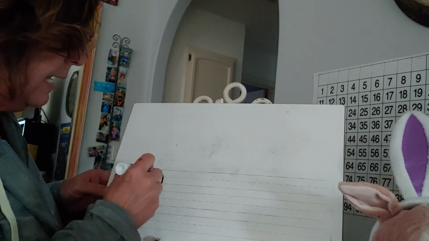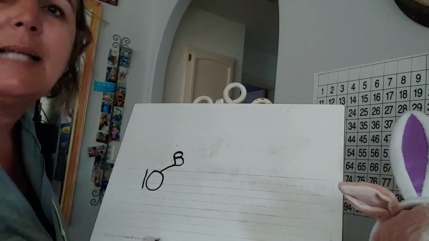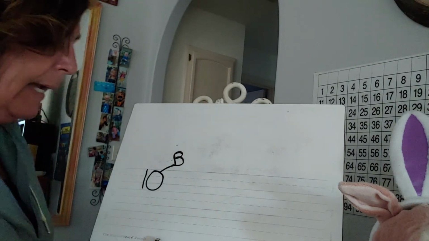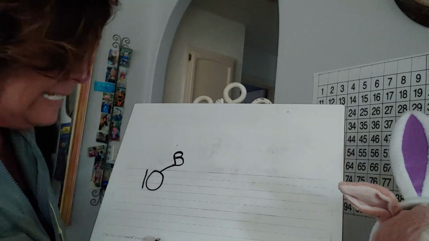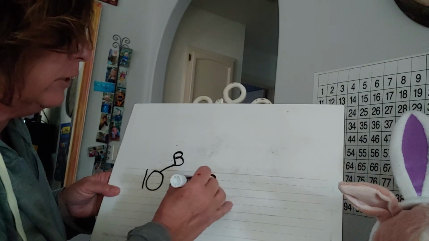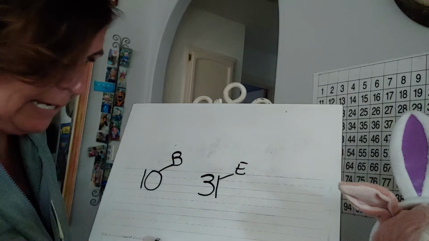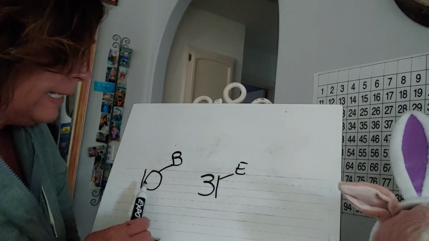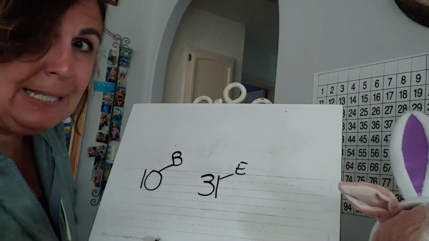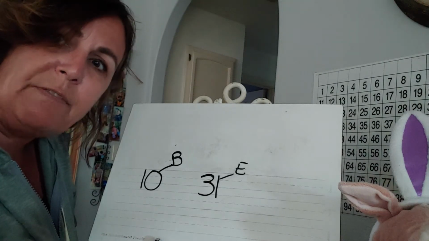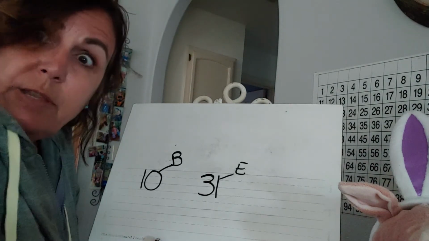He had 10 in the beginning, so I'm going to label that B. And then in the end of the day, he had 31, and I'm going to label that E for end of the day. So he had 10 at the beginning, and he had 31 at the end of the day. So our job is to figure out how many did he collect through the day.